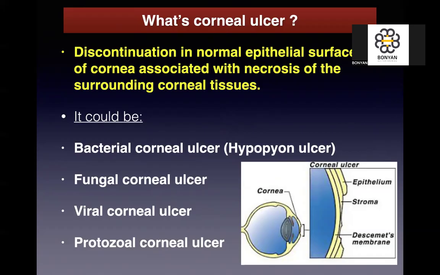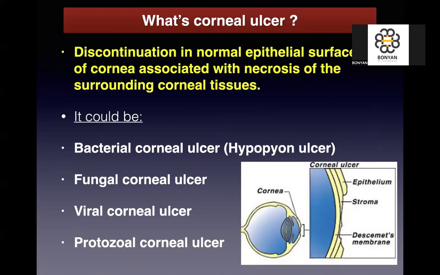There is no loss of the pigments and no loss of stroma, so there is no ulcer. The corneal scratch may heal within 24 hours with no problems. Both of them will present with pain, but you have to differentiate them on clinical examination.